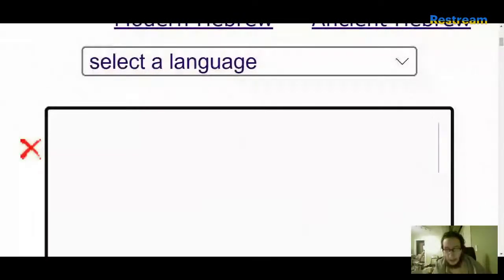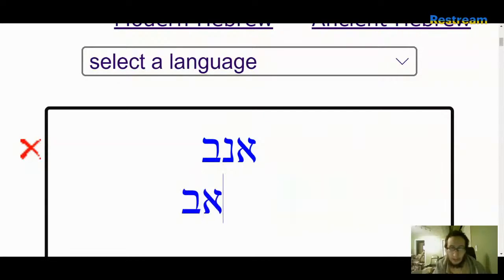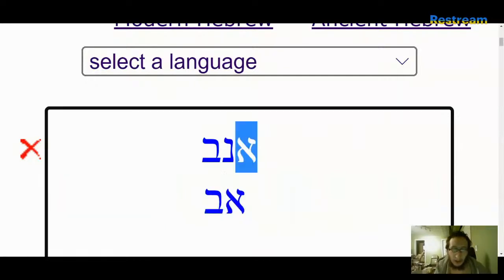Let me pull up the Hebrew keyboard so you guys can see. Akkadian would spell it as this, whereas Hebrew spells it as ab. So you have the two ways. It's the same word, sprout, in Hebrew and in Akkadian.